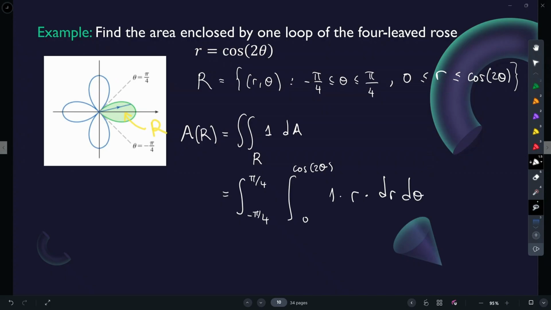And here, r is going from 0 to cosine of 2 theta, and theta is going between these angles. Here, I cannot just switch the limits of integration unless I write theta in terms of the radius. How would we do that?